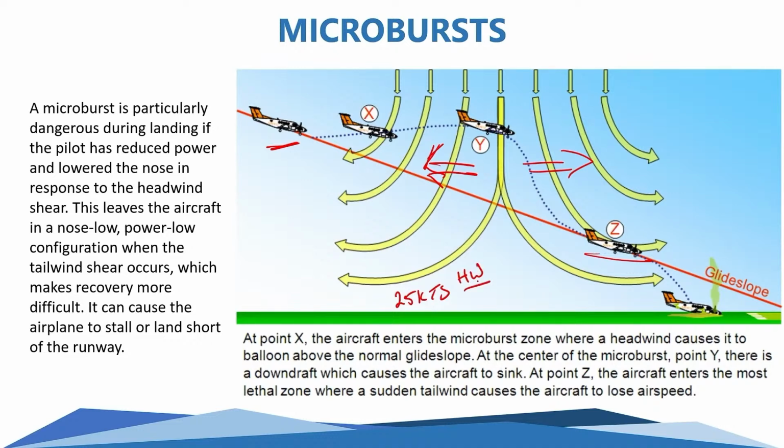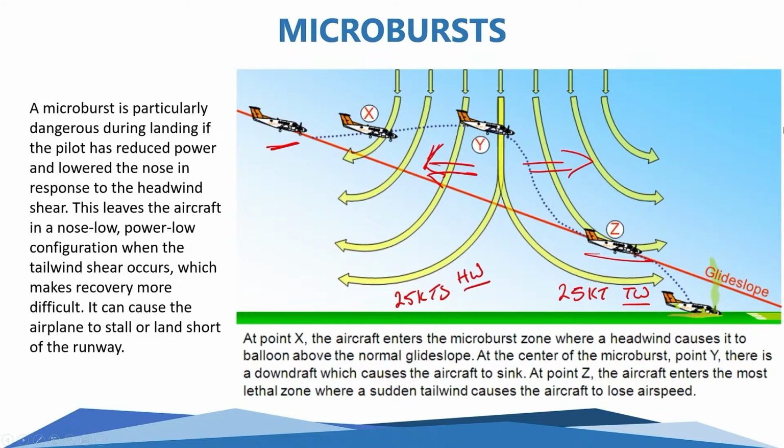Then you get to the midway point, and that headwind shears to a tailwind that's equally as strong, 25 knots of tailwind. All you do to figure out the total shear is add up the totals. 25 plus 25 means there's 50 knots of shear in that system. Okay, 50 knots of shear in that system.